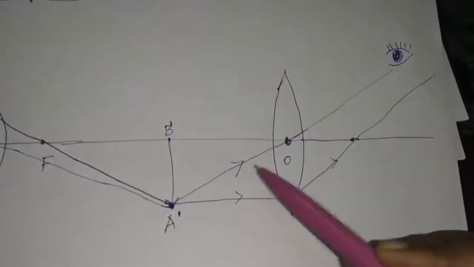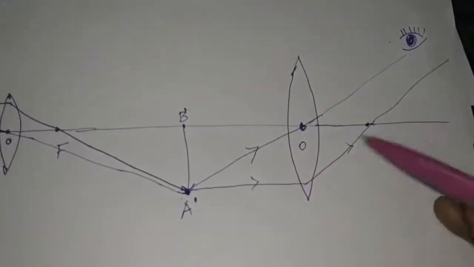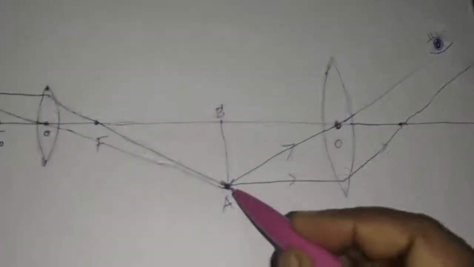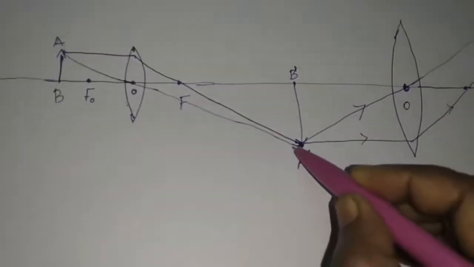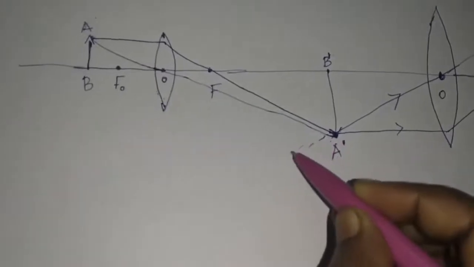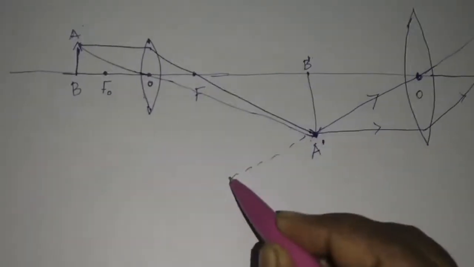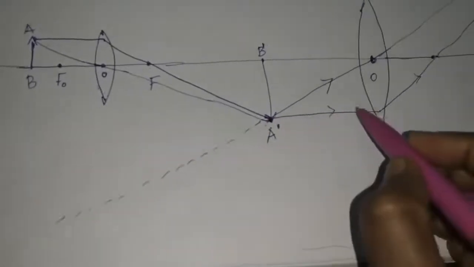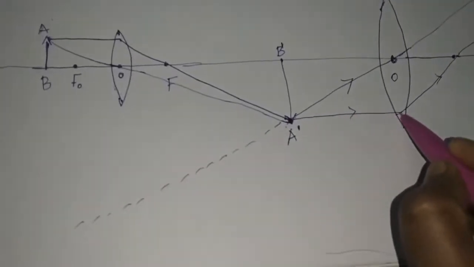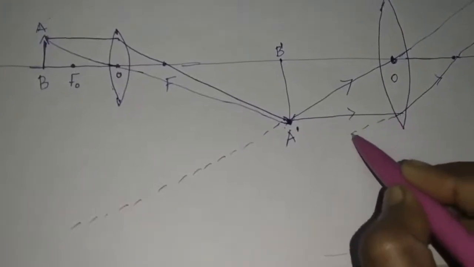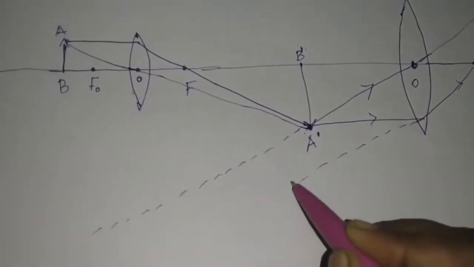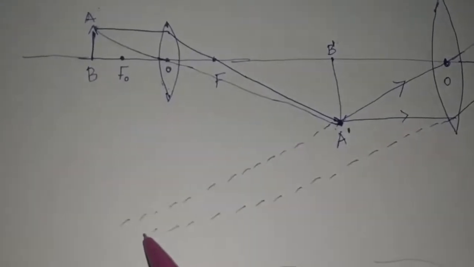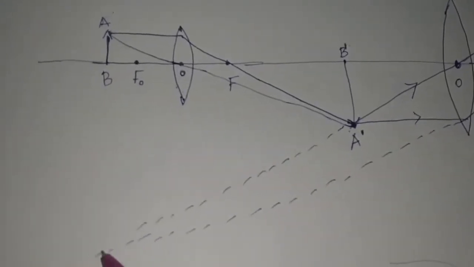Students, here the two rays are diverging from each other. So we are going to extend the diverging rays. If you extend the diverging rays, they will meet at a particular point.